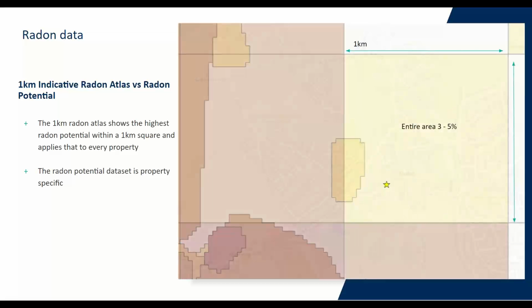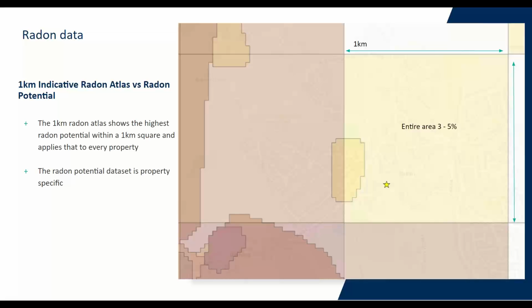But you can see here, this is what the 1 kilometer radon atlas looks like overlain on top. And you can observe that the entire 1 kilometer square on the right hand side of the image is actually listed as between 3 and 5% being affected by radon, even though the majority of the square is less than 1%. And you can see the small area of the 3 to 5% in the middle still there.